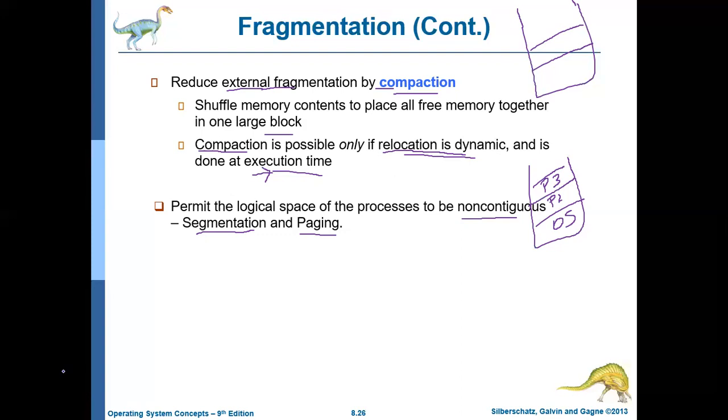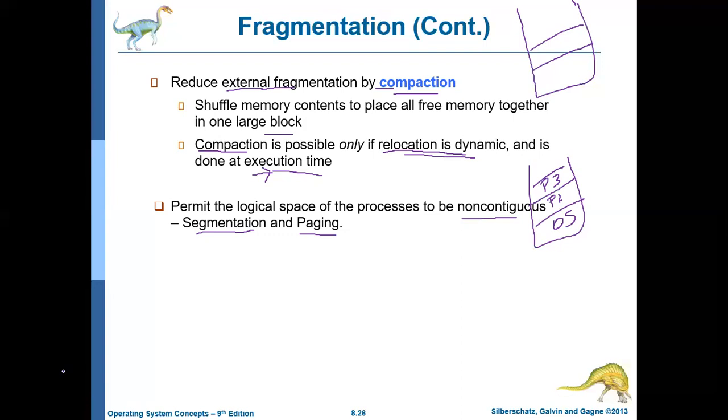Compaction means moving all the allocated memory to one end and all the free memory to another end, so that when a new process comes, you can again allocate memory to the free locations. Okay, but compaction is possible only if relocation or binding is done at runtime, at execution time.